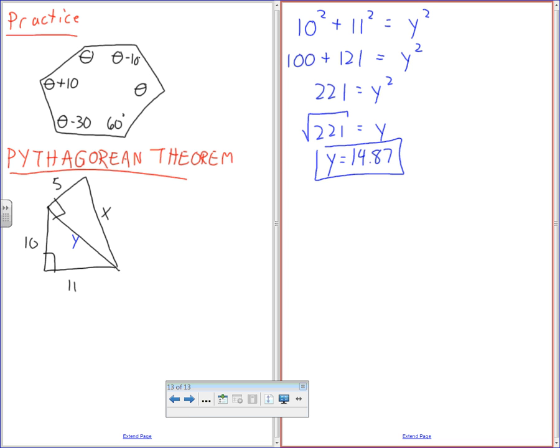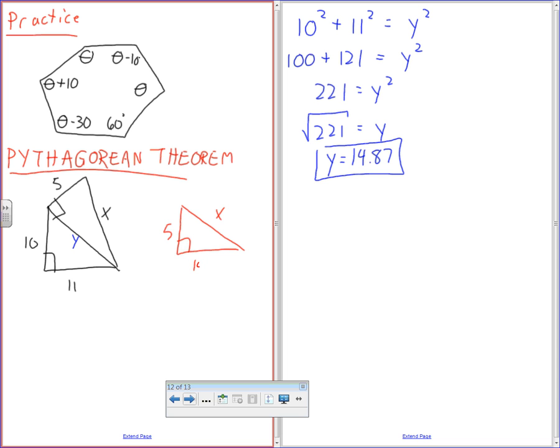Derek, I'm going to redraw this triangle. You don't have to, but it probably doesn't hurt. I'm going to put an x there, a 5 there, and a 14.87 there. Somebody tell me why that might be helpful. You guys are all 3D rotational people, if you can do that in your brains, but normal people have to actually see things in order to do it, so it might be good to write out a second one if you need to.